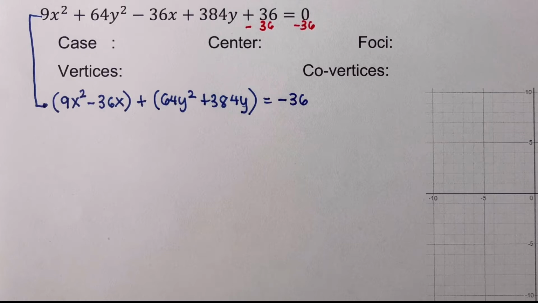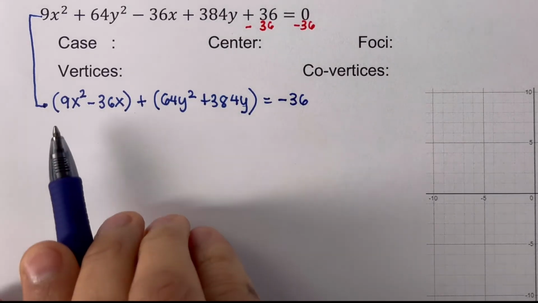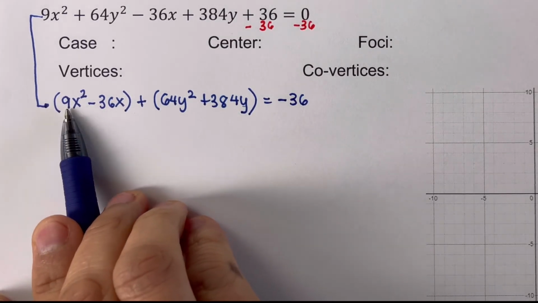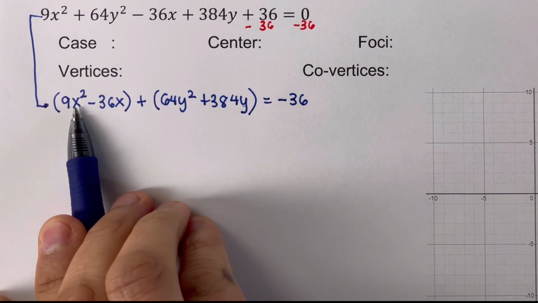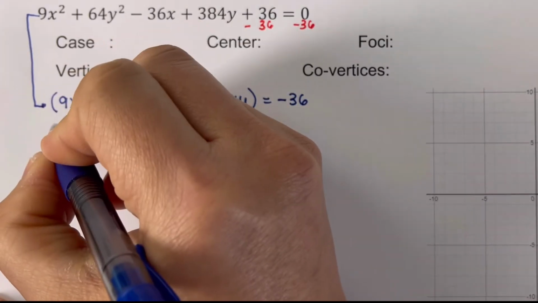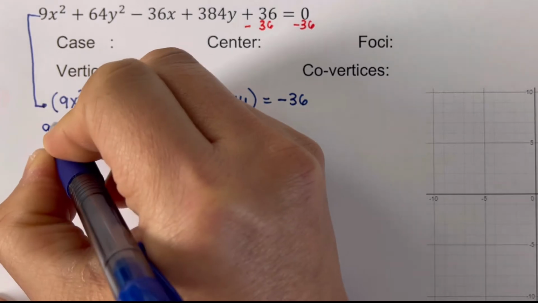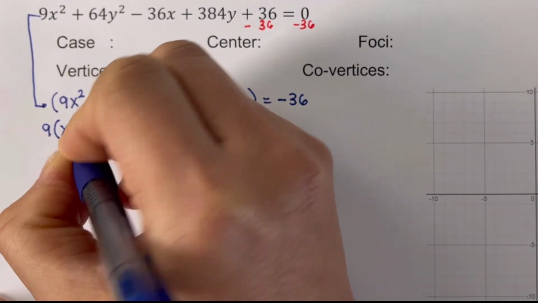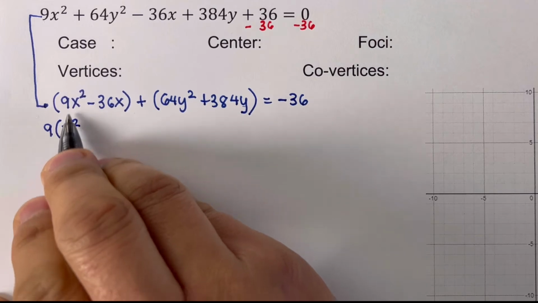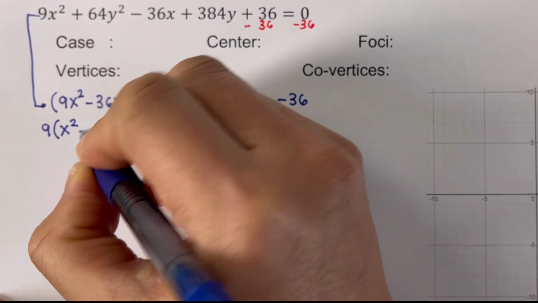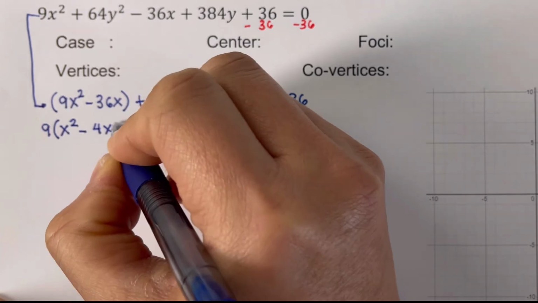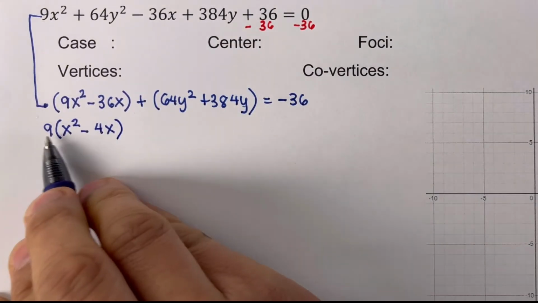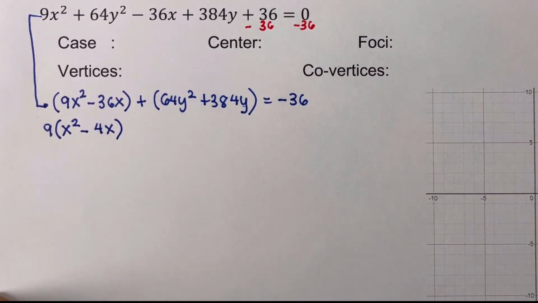Now, what we are going to do next is factor out the 9, so we're left with just x squared. Factoring out the 9 is like doing the distributive property backwards. So I put the 9 outside parentheses. That is x squared, so 9 times x squared is 9x squared, minus 4x, so that 9 times negative 4 is negative 36x.